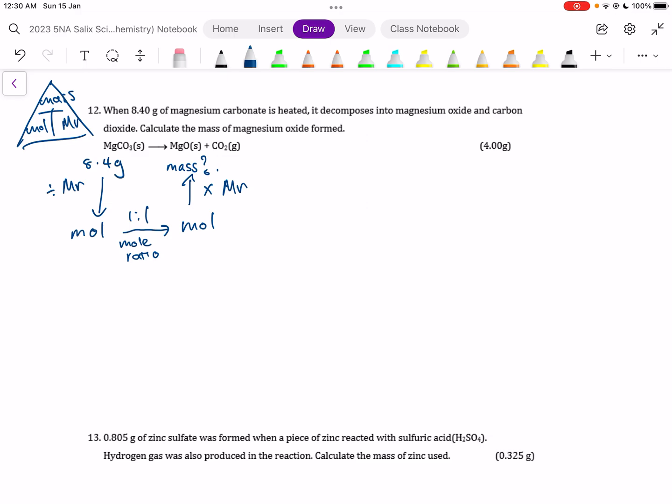Let's begin by finding the number of mole of your magnesium carbonate by taking mass over mR. Mass is 8.4, mR is 24 plus 12 plus 3 times 16. That will give you 0.1 mole.